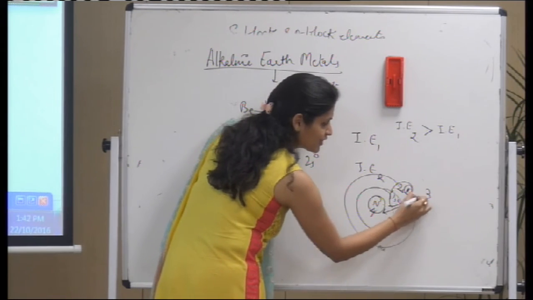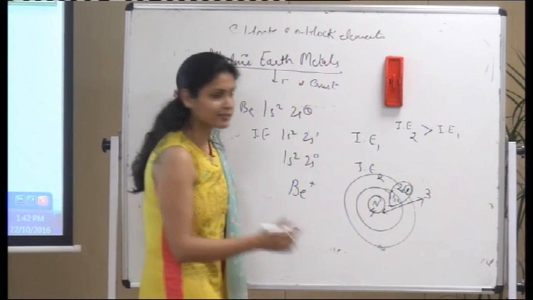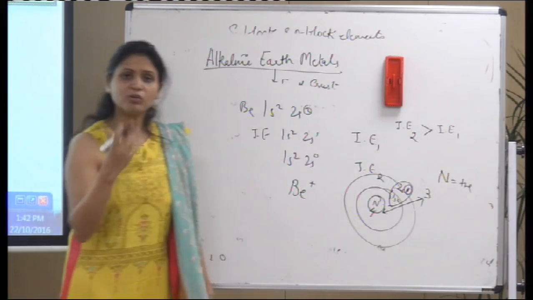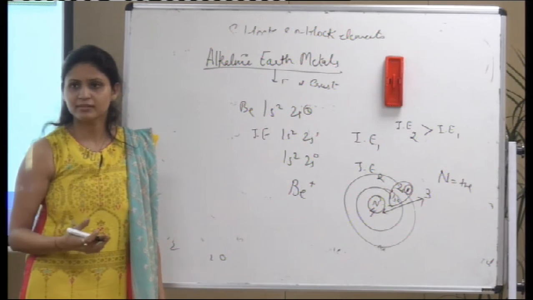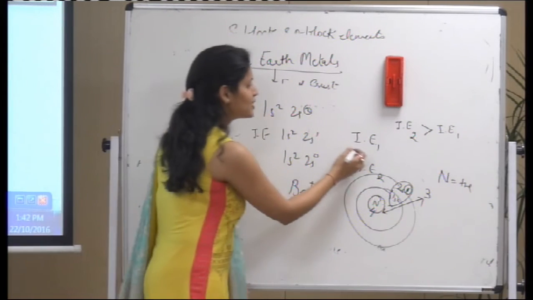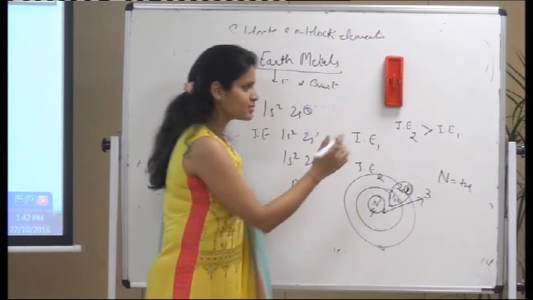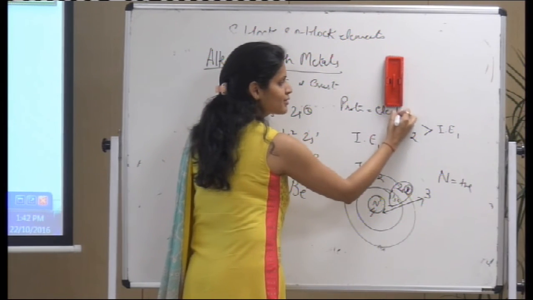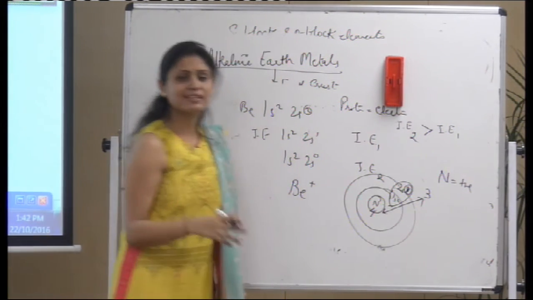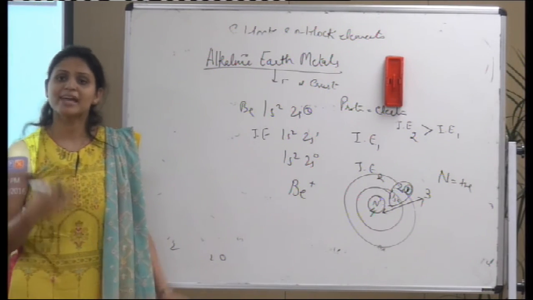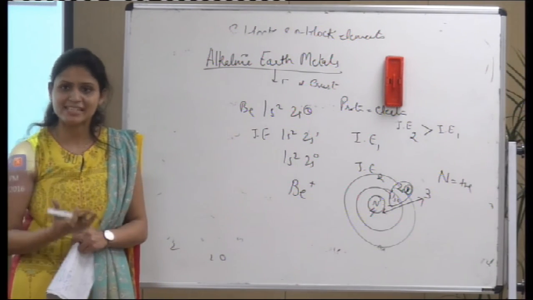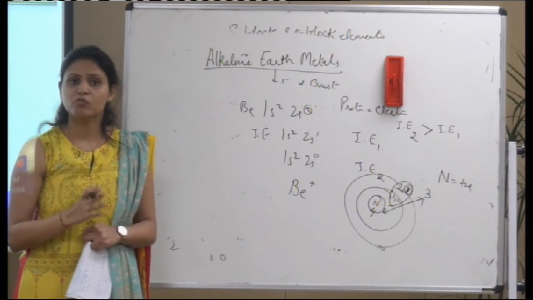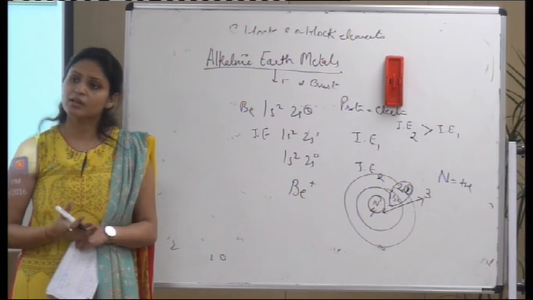So the effective attraction is greater, meaning the nucleus has more positive charge. Would it allow another electron to be lost easily? No, because previously the number of protons was equal to the number of electrons, but now the protons exceed the electrons, and hence the nucleus would not easily allow another electron to be taken out. Hence ionization energy 2 would be greater than ionization energy 1. Okay?